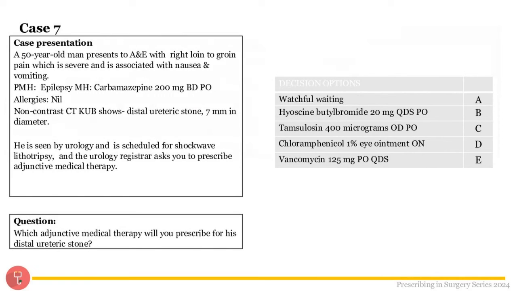So just in terms of the responses for question 7, so 42% of people saying tamsulosin, with 28% of people saying vancomycin, and 28% of people saying watchful waiting. Any more responses?